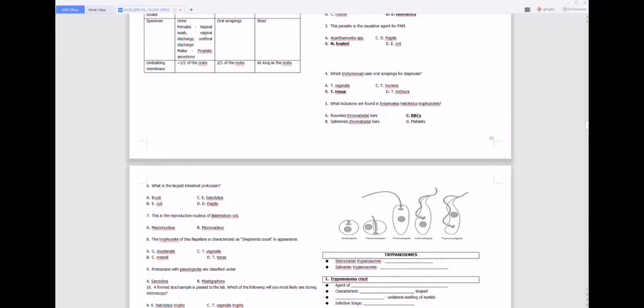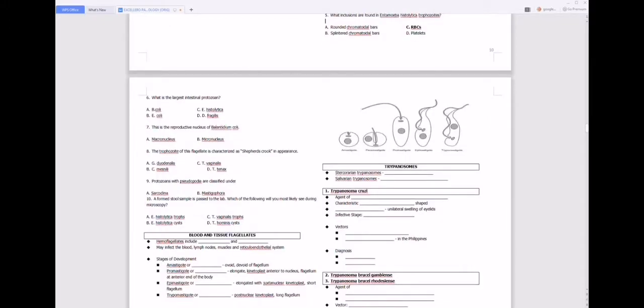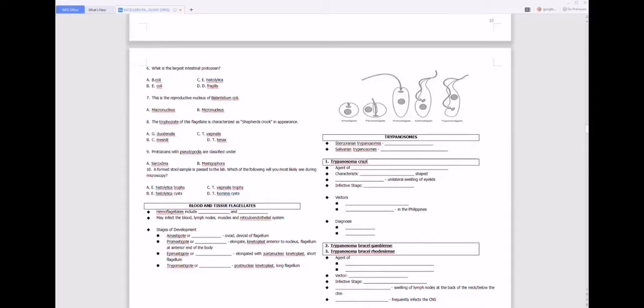Yung rounded chromatoidal bars, letter A, also called sausage-shaped chromatoidal bars. So answer is letter C, RBCs. Diba? It is the only amoeba which has RBC inclusions in its trophozoites. So yung platelets, nandyan lang yan siya. So, okay, letter C, RBCs.